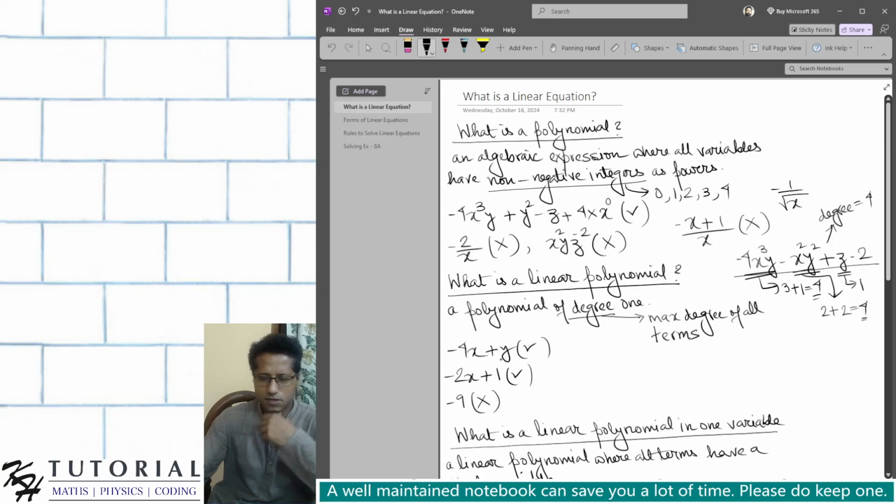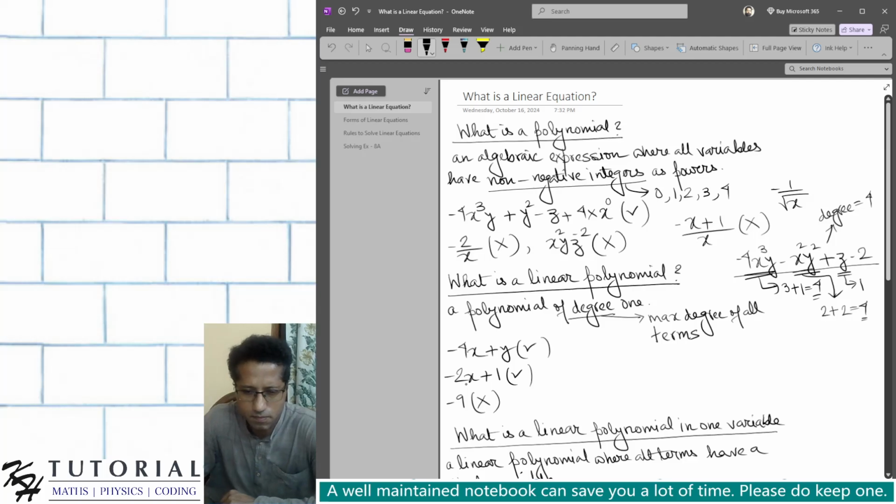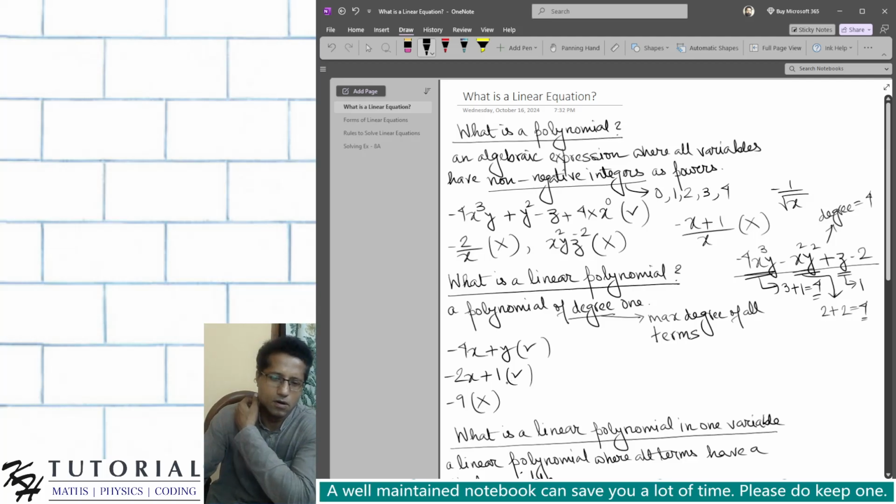So the maximum degree of the terms is 1. For minus 2x plus 1, the degree of the first term minus 2x is 1, but the degree of the second term 1 is 0. Hence the maximum degree of the two terms is 1, and the degree of the polynomial minus 2x plus 1 is 1.